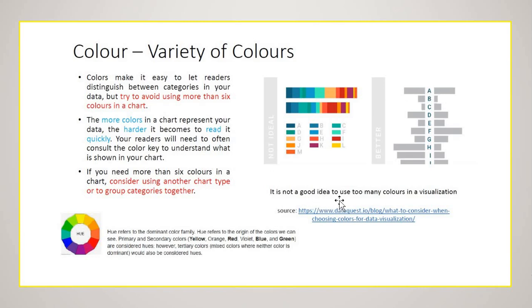So it is not a good idea to use too many colours in a visualization. So you can see, kita nak tunjukkan perbezaan A, B, C sampai M ni kan, A, B, C, D, E, F, G sampai M ni. Okay, so dua kategori.